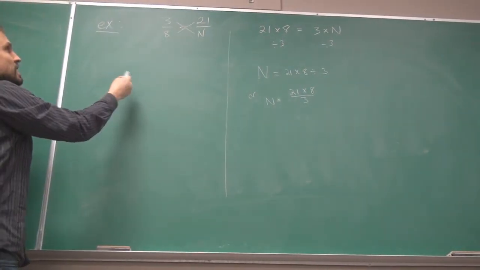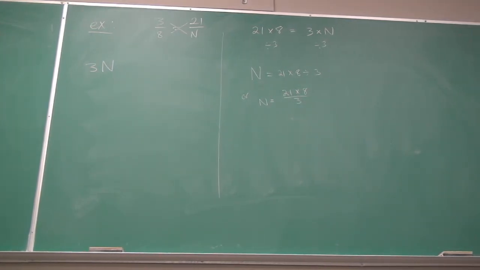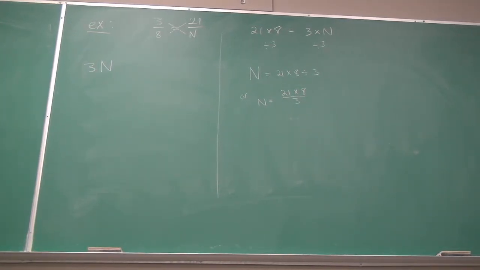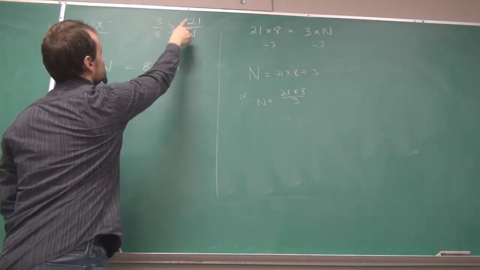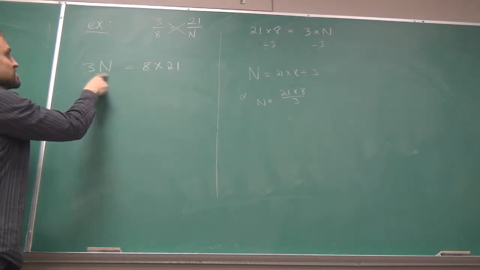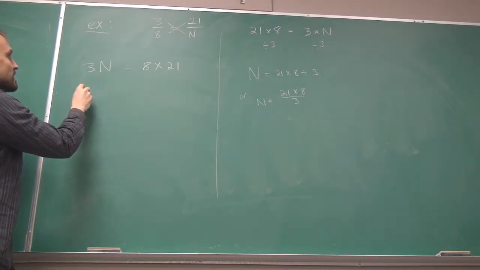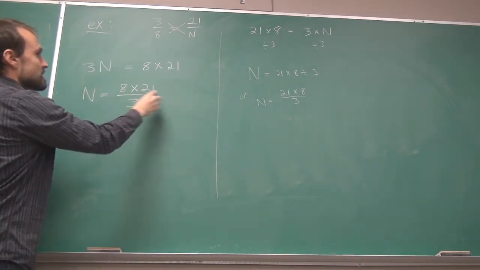I'm going to cross multiply. I put the pair with my variable on the left because I'm going to read it like a sentence. And then 8 times 21 is the other pair with an equal in between. And then the last step is just dividing by the number in front of the n to get n equals 8 times 21 over 3. Oh, look, that's the same.